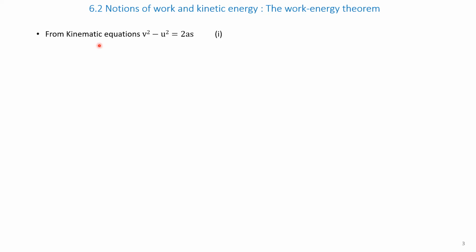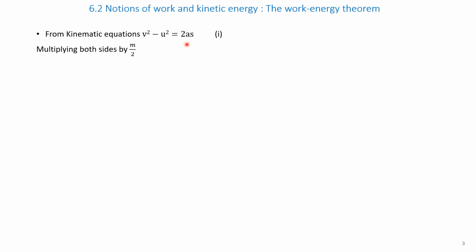We know from the kinematic equations that v square minus u square is equal to 2as, where u and v are the initial and final speeds and s is the distance traveled by the object. So v is the final speed and u is the initial speed.